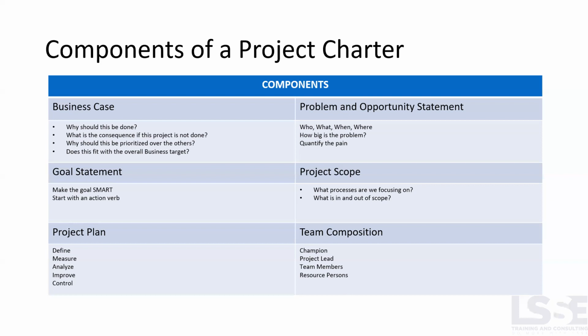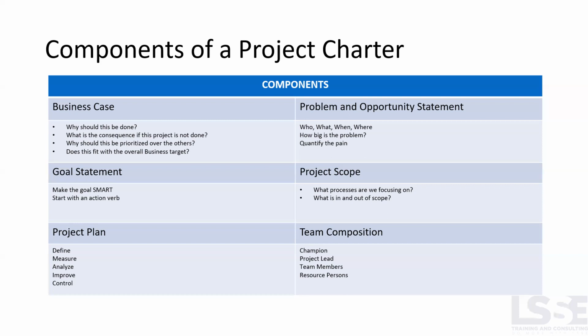In my experience in dealing with Six Sigma projects, the business has multiple priorities. So sometimes when you have to present to the boss, you have to really have a clear business case. You have to explain to the boss why this project needs to be prioritized, and that is covered in the business case.